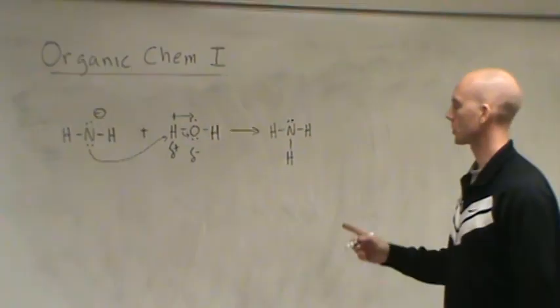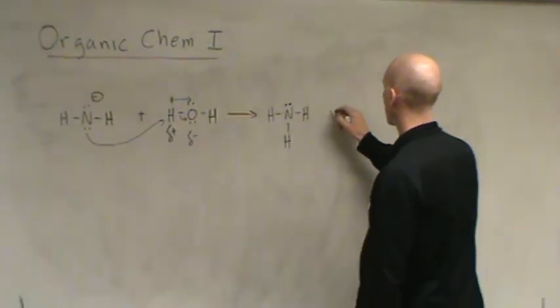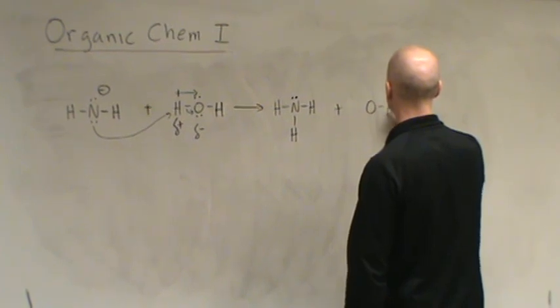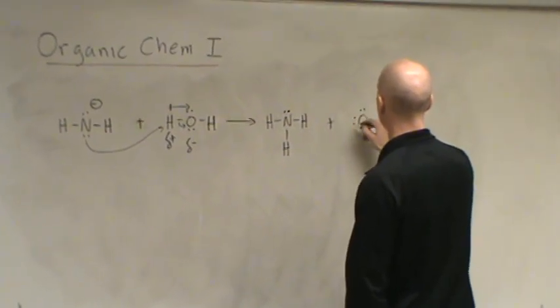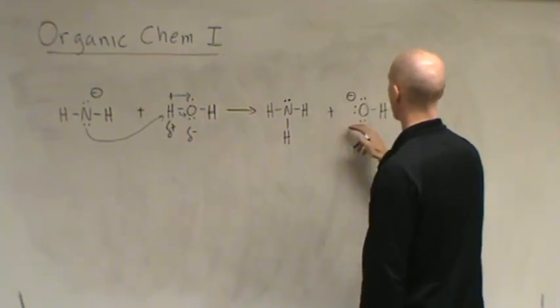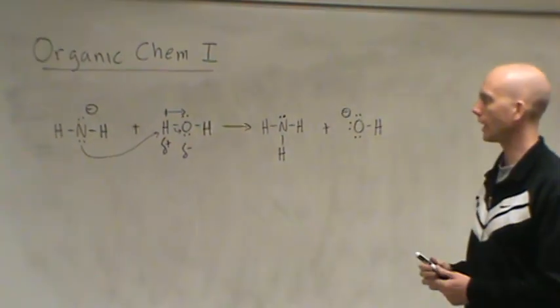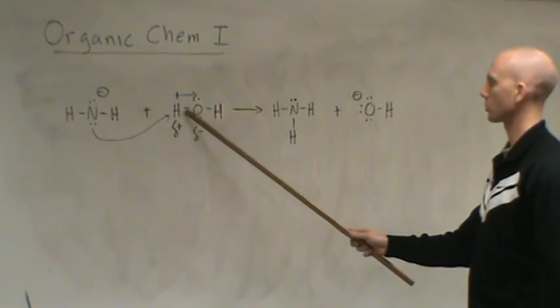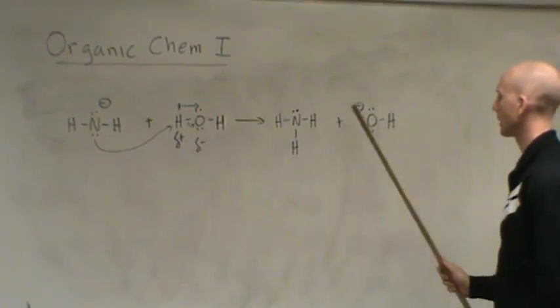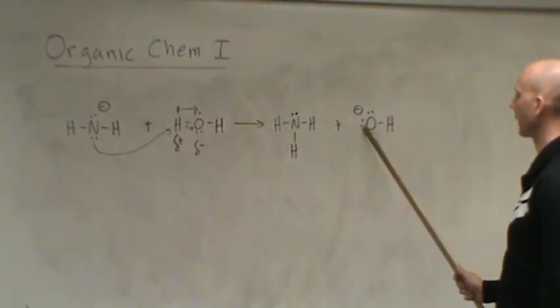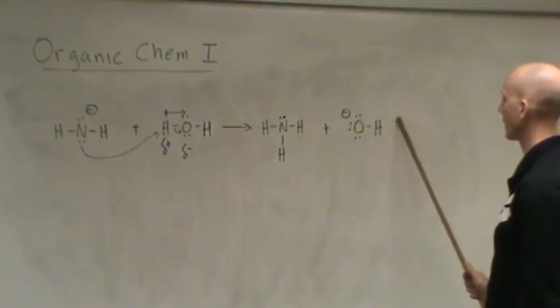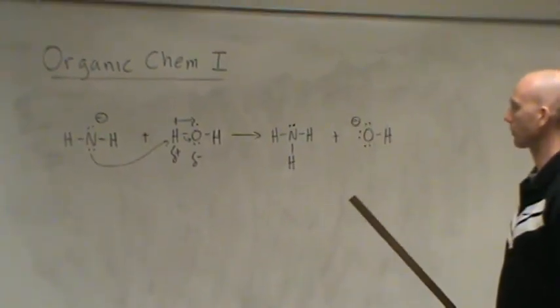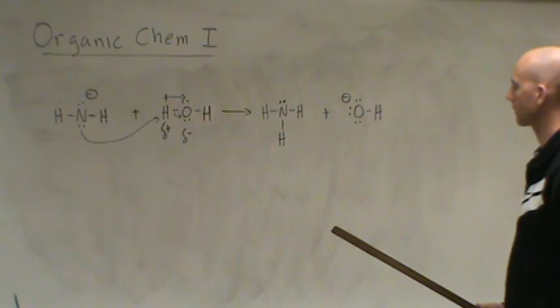So the nitrogen has gained a hydrogen. And the oxygen has gained a lone pair. So these bonding electrons now become a lone pair, and so the oxygen has gained a negative charge. Okay?